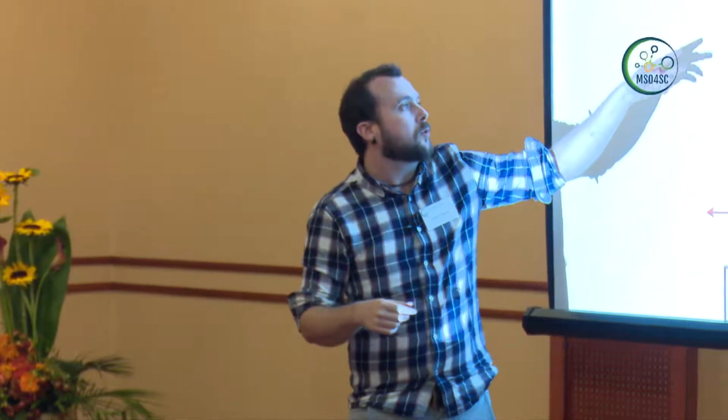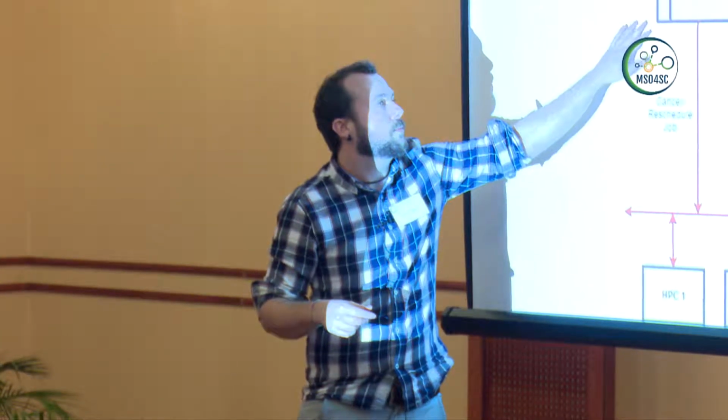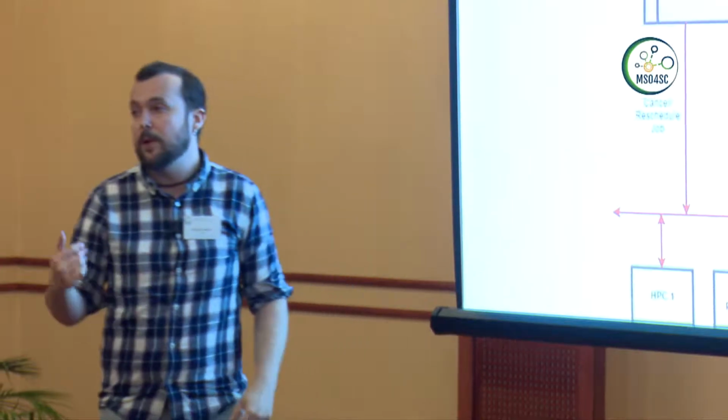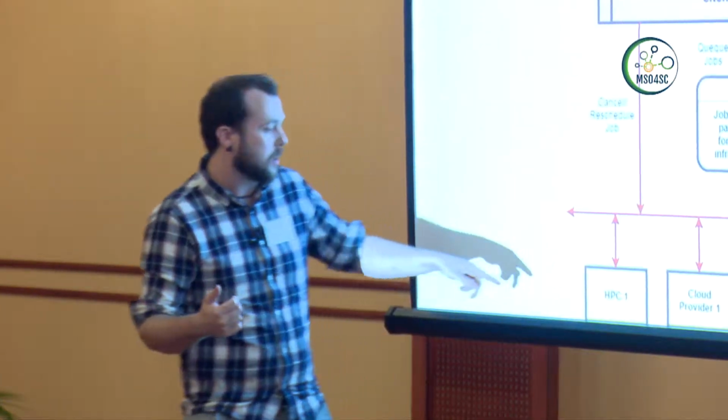This Tosca file is going to be received by the orchestrator, and the orchestrator is going to first do the deployment into the infrastructure, which is going to be different HPCs and also different cloud providers, and also it's going to be connected with the monitor to check measures first from the infrastructure and also of the executions.